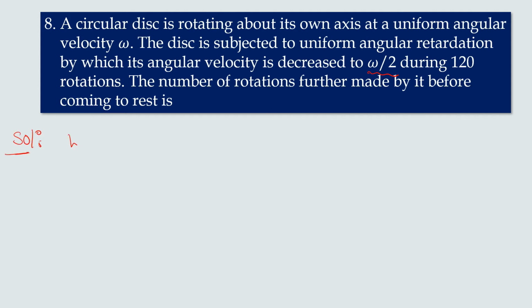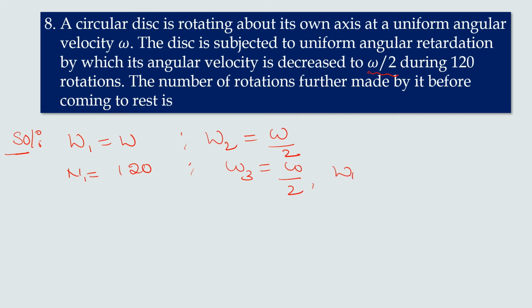Given omega 1 is equal to omega and omega 2 is equal to omega by 2. During 120 rotations, n1 is 120, and omega 3 is equal to omega by 2 and omega 4 is equal to 0, and we have to calculate the number of rotations before coming to rest, that is n2.